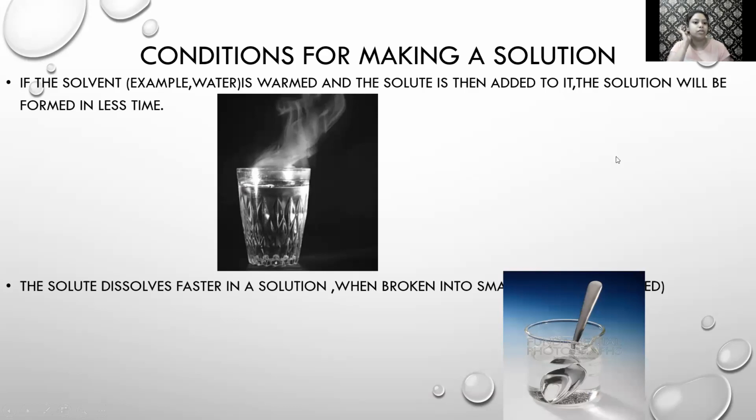So now if you happen to make the solvent, that is water, warm, and then you add the solute, that is the sugar, into the warm water, the solution will be formed in less time. You can say that it will form faster than being stirred.